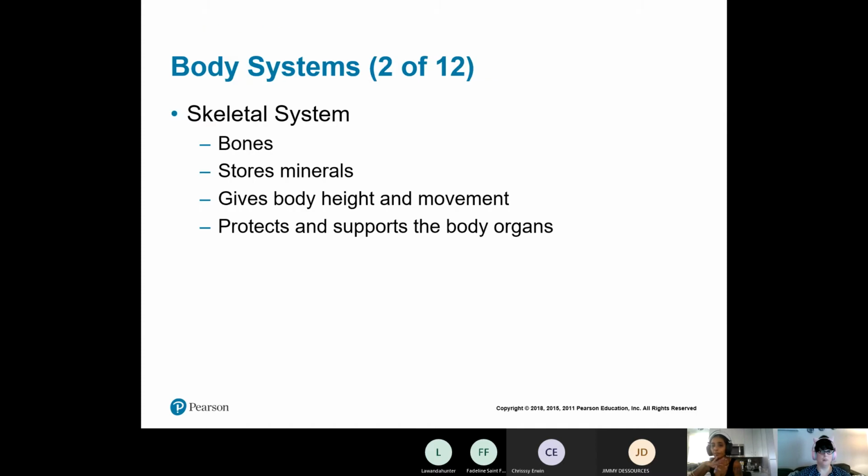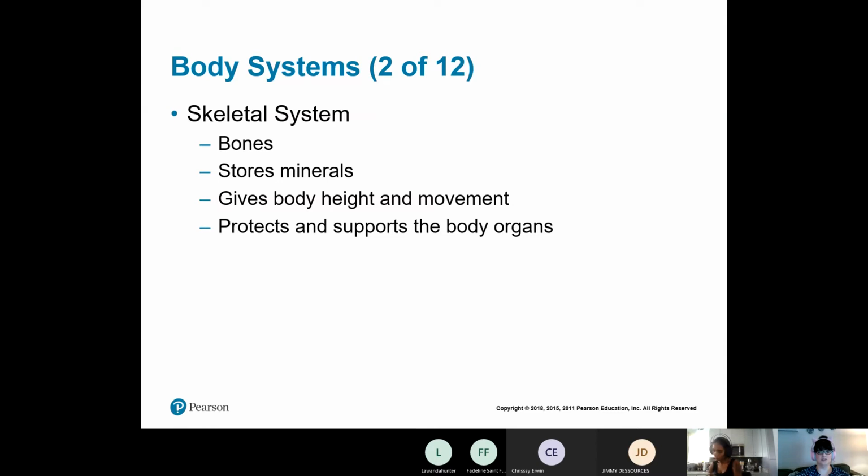Okay. The skeletal system, just bones. Think about bones, but something else. I want you to put a little star by this, or remember this. When you think about the skeletal system, I want you to think about immunity and blood. A lot of people forget that our bones are our source of blood production.